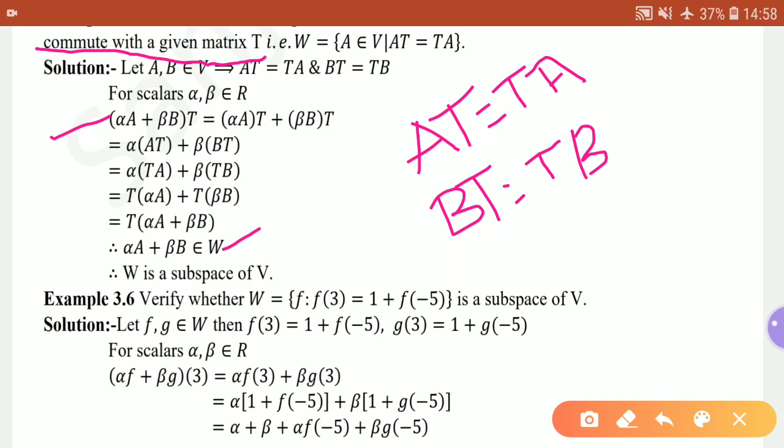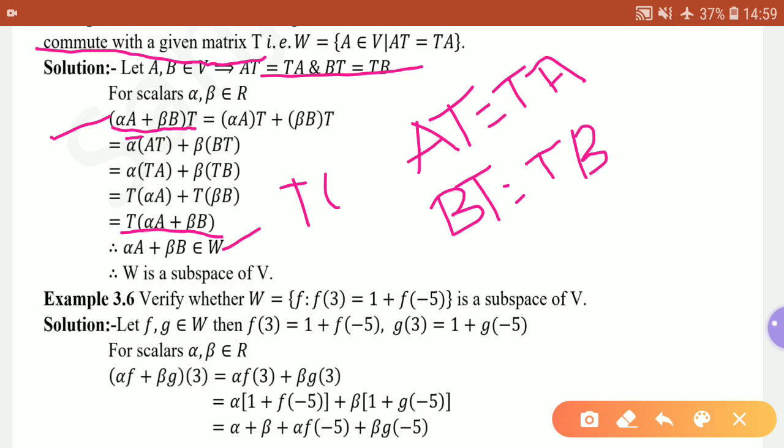So any member of W will satisfy this commutative law with the T matrix. So that we have considered, and we need to show that for alpha times A plus beta times B also this result holds. For that purpose, after considering alpha times A plus beta times B multiplied by T, we need to show that it is equal to T times the same, that is T times alpha times A plus beta times B, and using this given condition we can prove it. So hence it will form a subspace.